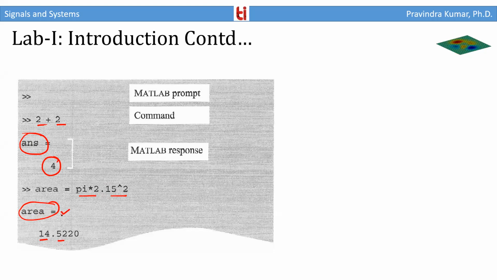Here you have given the variable, and the value will be stored in it. Here you can also write x is equal to 2 plus 2. Then your answer will be x is equal to 4. In the earlier case there is by default ans, but when you give the name of a variable, then the value will be stored in the variable x.